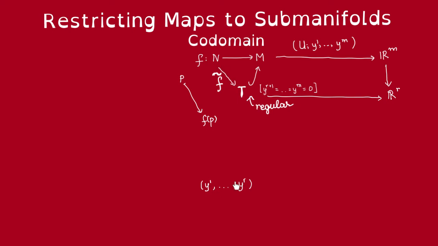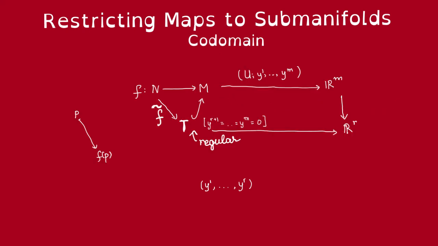If we write this in coordinates, it corresponds to this map combined with the projection from Rm to Rr. This is smooth and this is smooth, so the combination must be smooth. So that means that F tilde is smooth in coordinates, and thus it must be smooth. Thus we see that if we restrict the codomain of a smooth map to a regular submanifold, then the resulting map is still smooth.